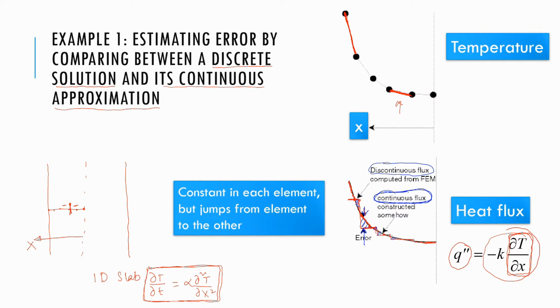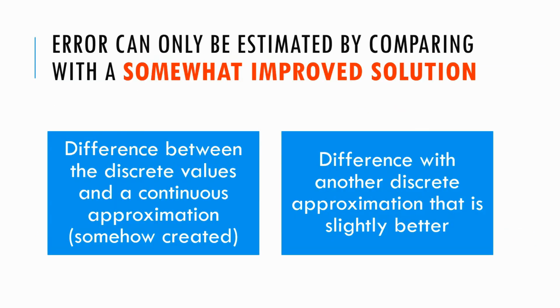Now we try the second approach to estimate an error. The second approach is the difference between a discrete approximation that we get from finite element and another discrete approximation that is slightly better.